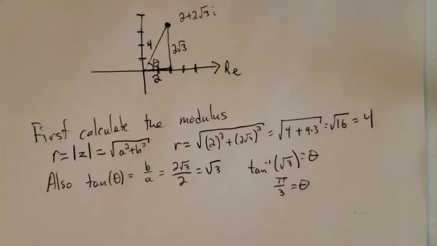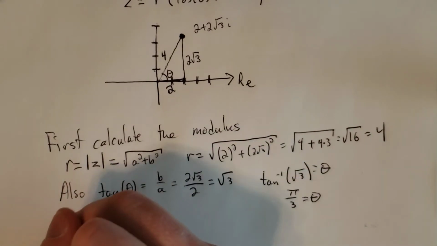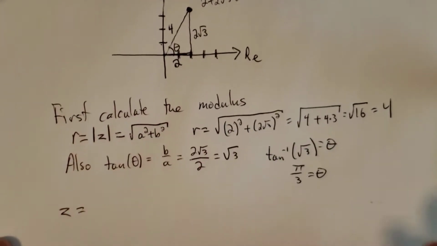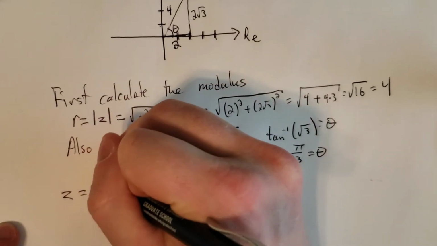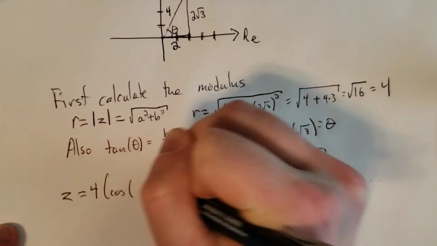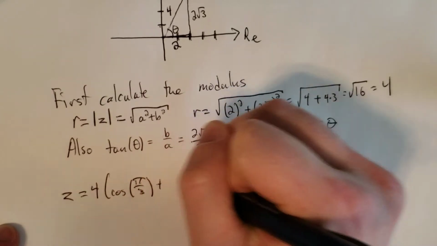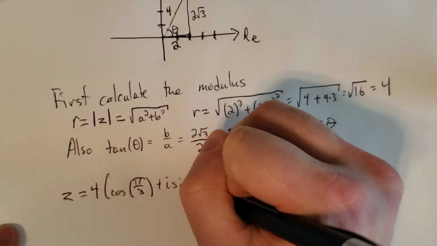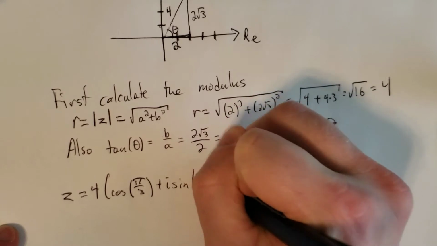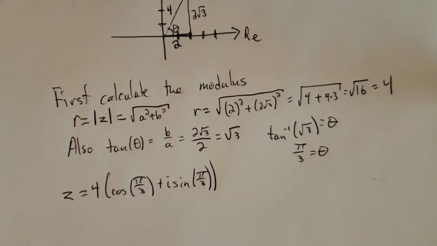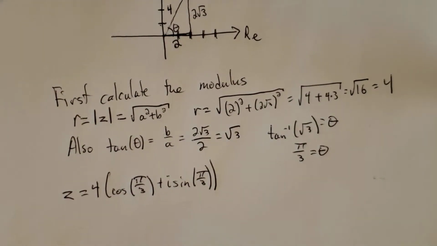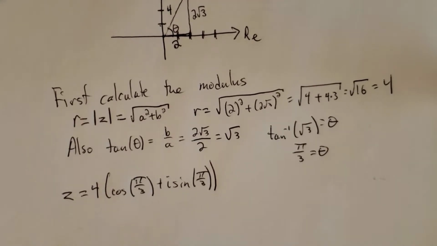This tells us that z is equal to 4 times cosine of the angle theta, which is pi over 3, plus i sine of pi over 3. And that's our polar form of the complex number 2 plus 2 square roots of 3i.